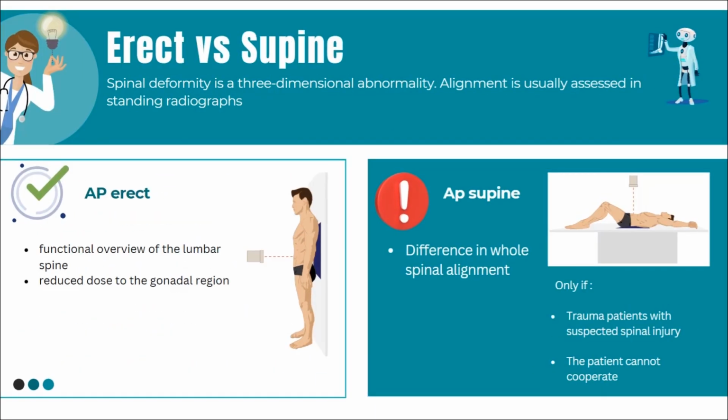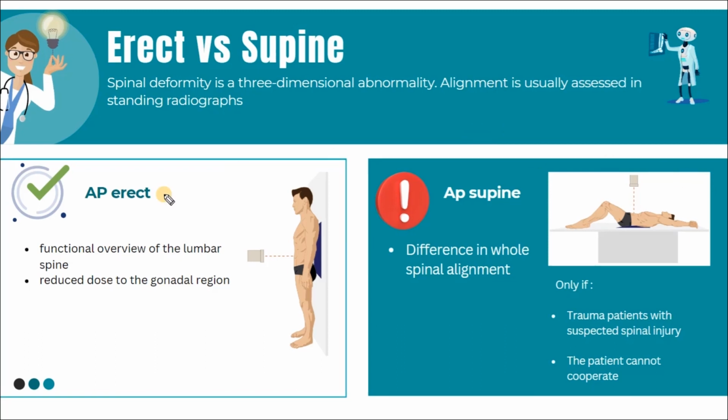Okay, so let's move on to the technique and the protocol. Basically, lumbar X-ray can be performed either in erect or supine position. However, remember, spinal alignment is usually assessed in a standing radiograph. So normally you have to do the X-ray in the upright position, not in the supine position. There are many disadvantages of the supine position that we will cover in this video.